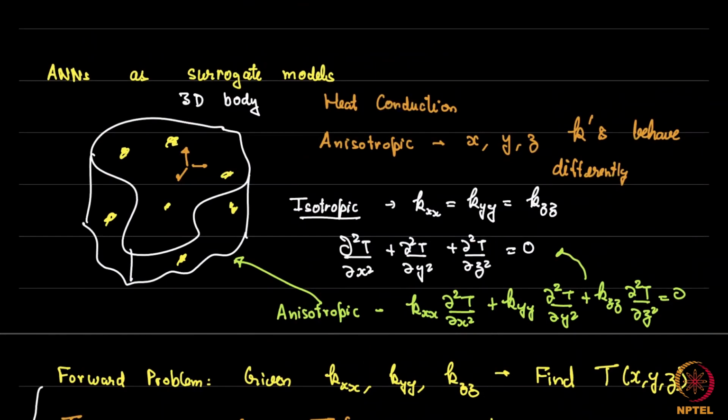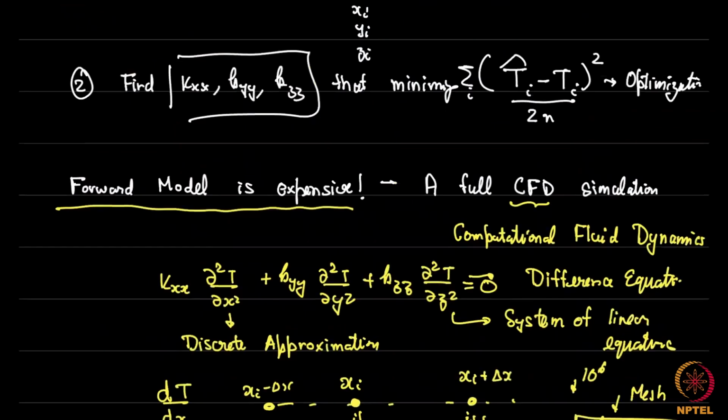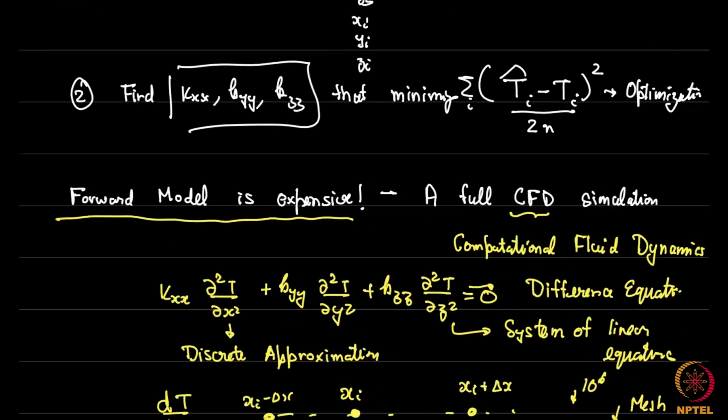Let's say you have these sensors at all these points, you have ground truths T1, T2, T3, etc. You also want to make predictions from your computation, T1 hat, T2 hat, etc. But in order to calculate T1 hat, T2 hat, you have to solve CFD for every iteration. If you are using an iterative method, and if it's a nonlinear problem as it was with Gauss-Newton, you will have to solve CFD for each iteration of Gauss-Newton.